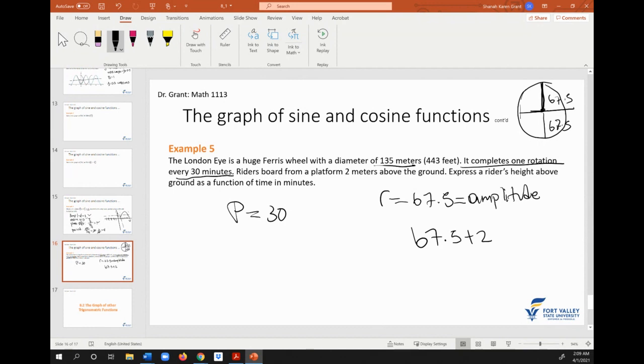Okay, because if the deck is here, and they're boarding from 2 meters above ground, then that means the circle is elevated 2 meters up from the ground. So that means the center would be at 67.5 plus 2, which is going to be 69.5. This is going to be my midline. Oh, we got to find all of this to put it all together in our equation.